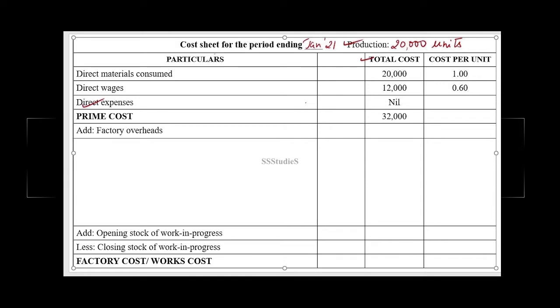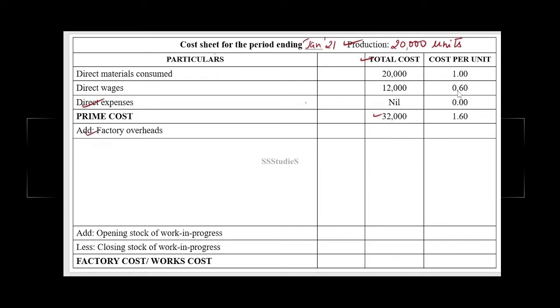There is no direct expenses. If we add 1 rupee plus 0.60, we get 1 rupee 60 paise, and that is prime cost. Alternative way is to divide 32,000 by 20,000, which will be 1.60.